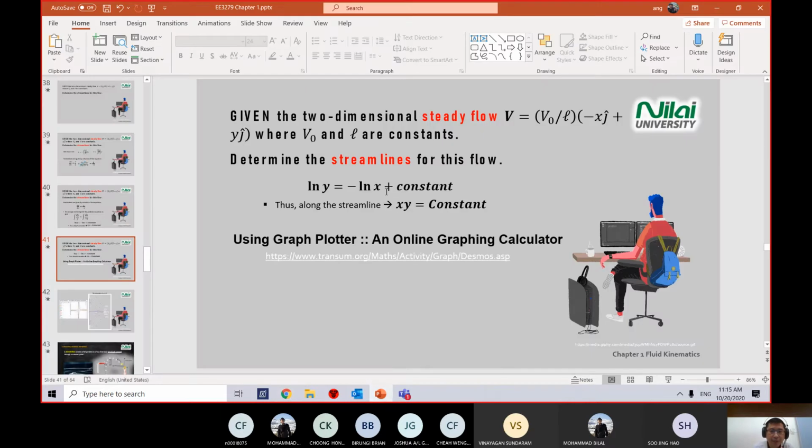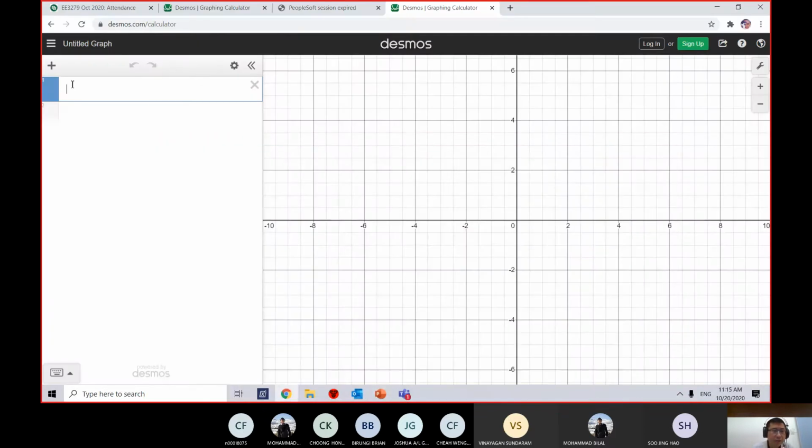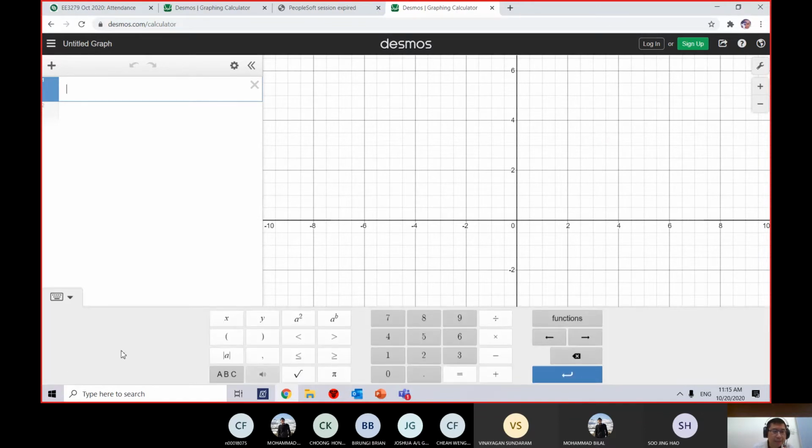From the calculation just now, we have this equation, xy equal to constant. You want to see the shape of the graph. So you go to the empty space here on the left-hand side. To input data, at the bottom you see there's a keypad. You just expand it and key in the equation, xy equal to a constant value. We start with 0. So xy equal to 0, you get a straight line.